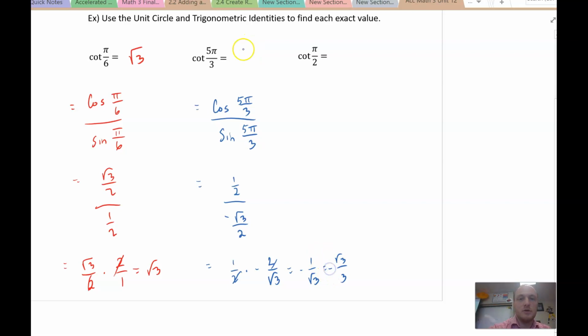Negative root 3 over 3. Okay. All right. And last but not least, cotan of pi over 2. So cosine of pi over 2 divided by sine of pi over 2. I know that this is 0 over 1. Answer is 0. Okay, that's it.